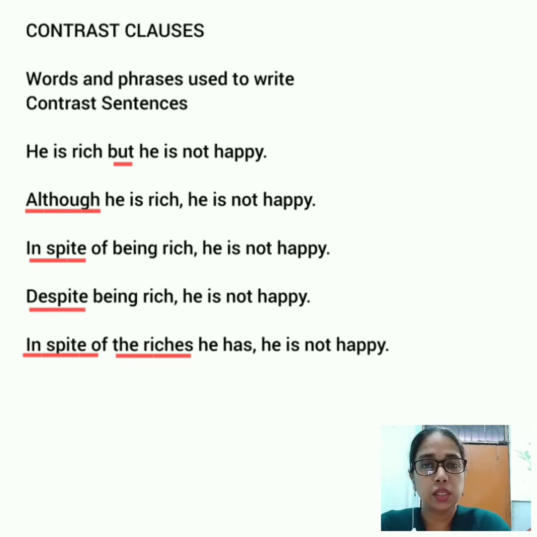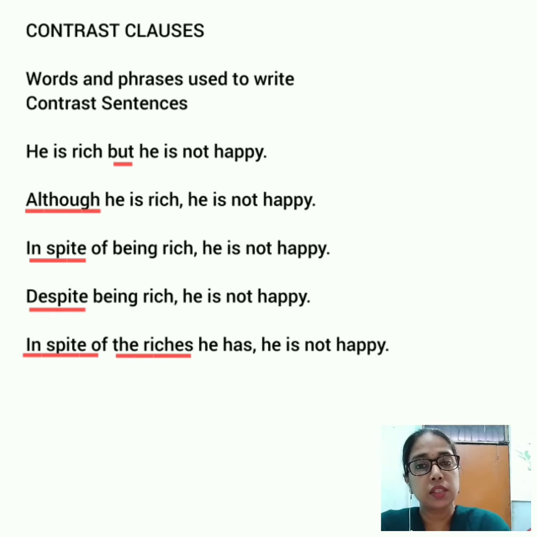So I have used the ing form of is, that is be, and I have removed the subject from the first clause. So how will you write using in spite? In spite of being rich, he is not happy. So you can see that I have removed the subject from the first clause, and then I have used the ing form of the verb in the first clause.